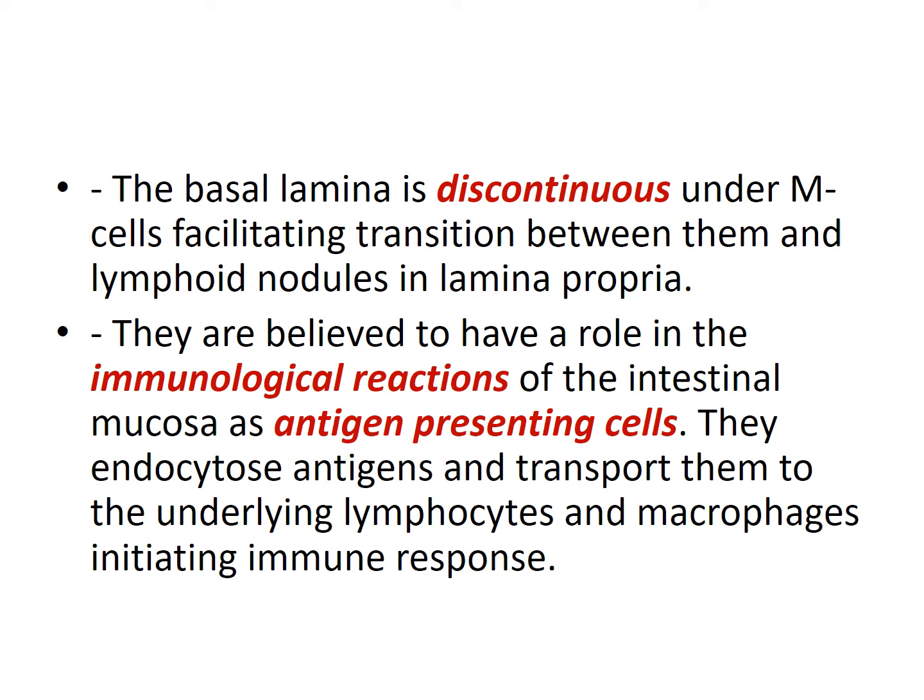These cells have a role in the immunological reaction of the intestinal mucosa. It acts as an antigen-presenting cell, as they endocytose antigens and transport them to the underlying lymphocytes and macrophages, initiating immune response.